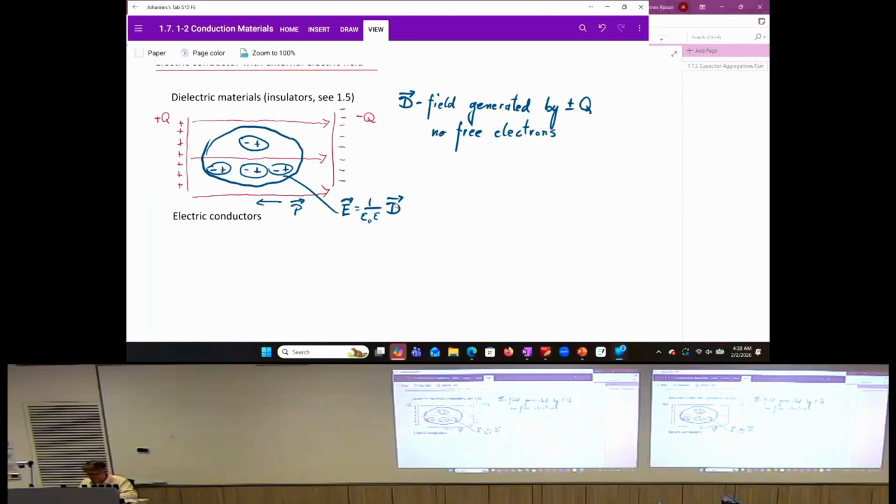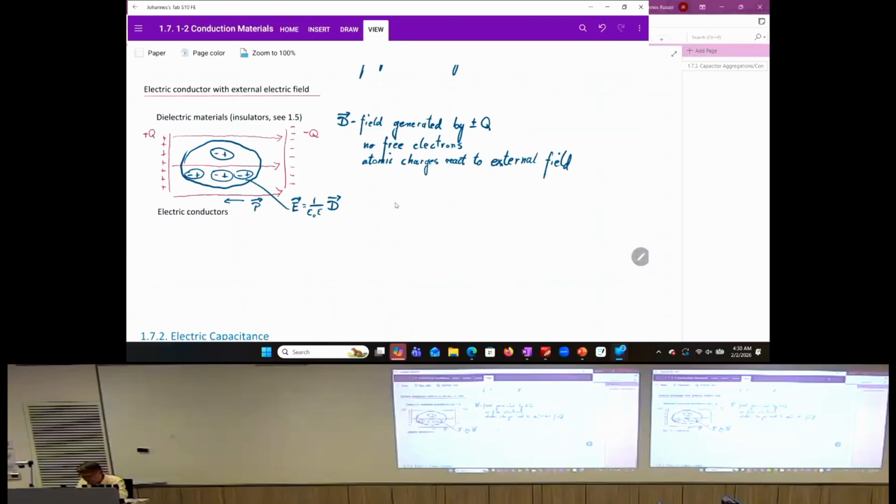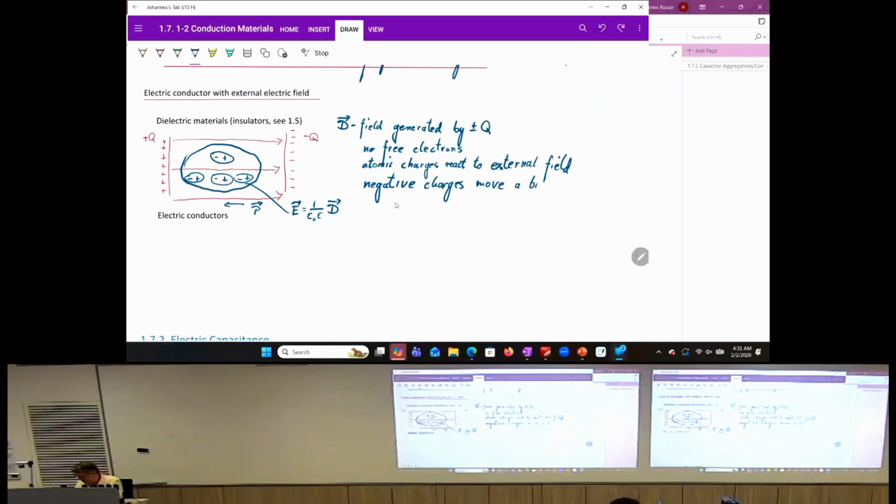So: no free electrons. Atomic charges react to the external field. You can say that the negative charges in this example move a bit to the left. You have electric dipoles, and you have a polarization field, which is, by the way, proportional to the external electric field.